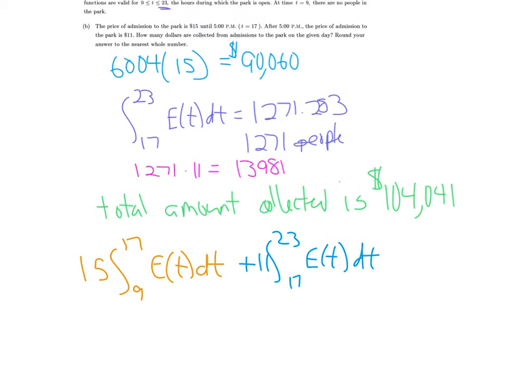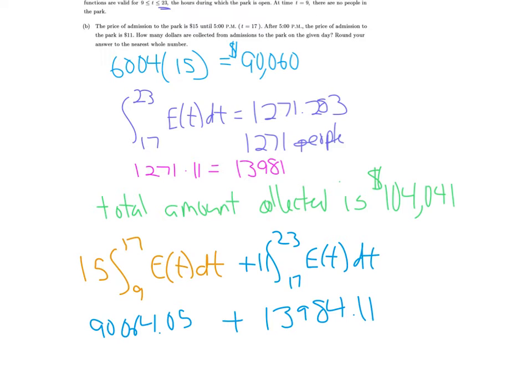If I do that, I will get, let's see, that's times negative 11, because I'm going backwards, 13,981.1, and then I'm going to need to multiply by 15, and I need to go 9 to 17, and I get 90,064.05. So if I add those together, it's going to be roughly the same, but slightly different.